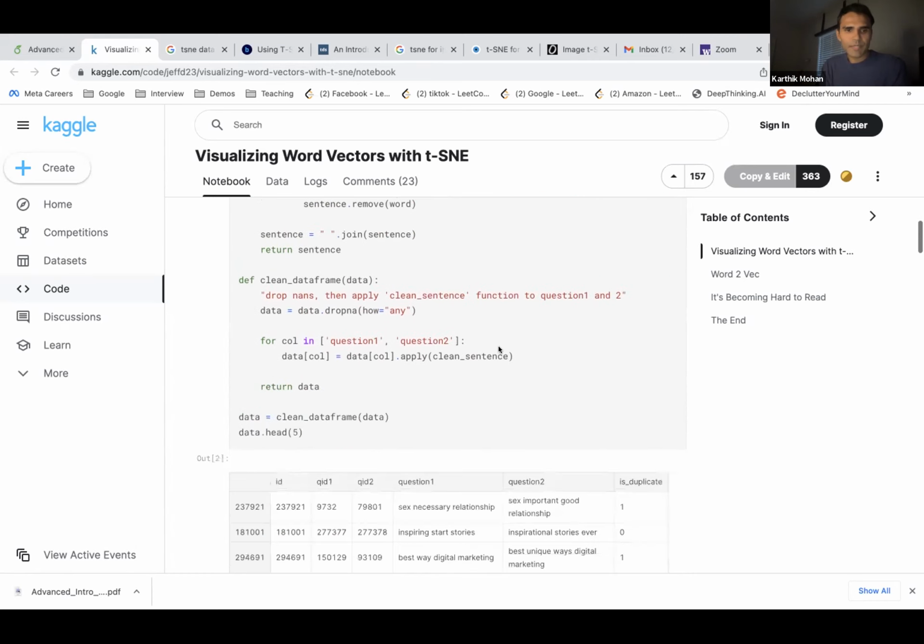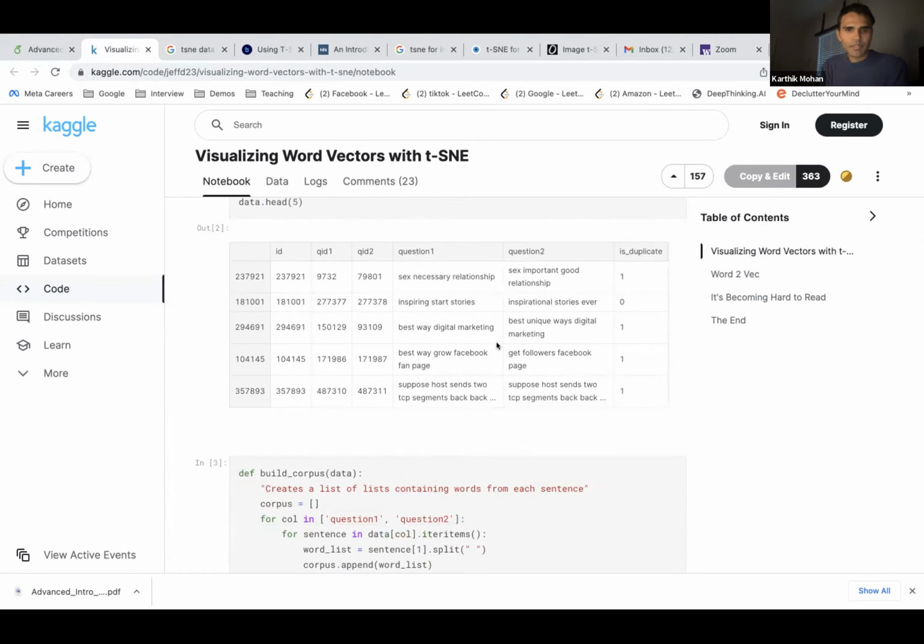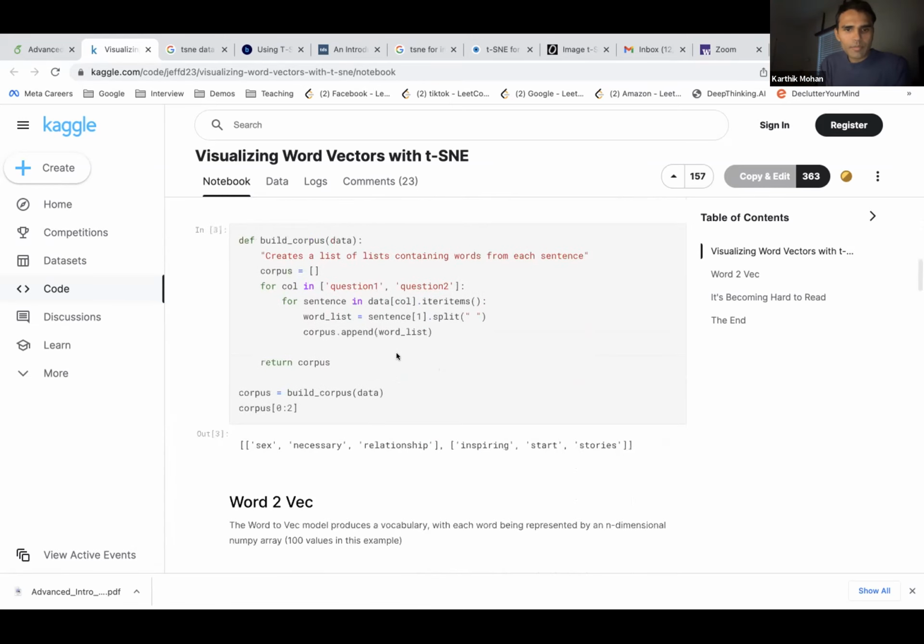That's what this is doing. And maybe you have a data frame and you look at this, let's say, best way digital marketing. There are different inspiring start stories and relationships and everything. So you get important words from this corpus of sentences. And those are the words you want to visualize on a two-dimensional grid. Okay, so build a corpus.